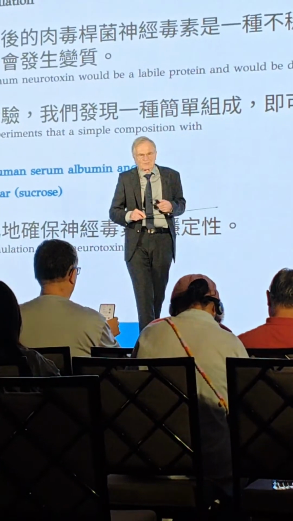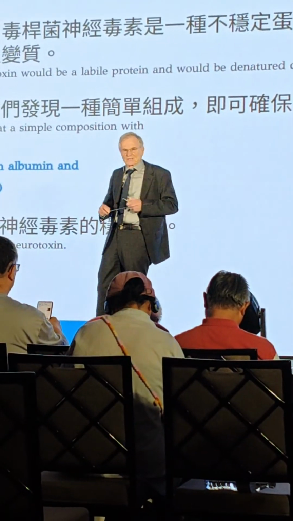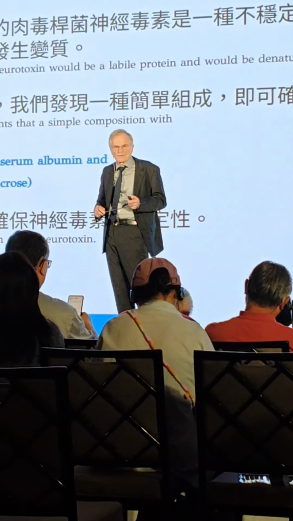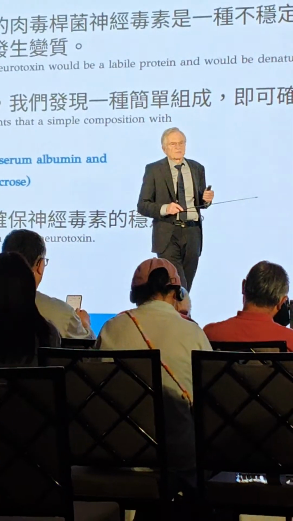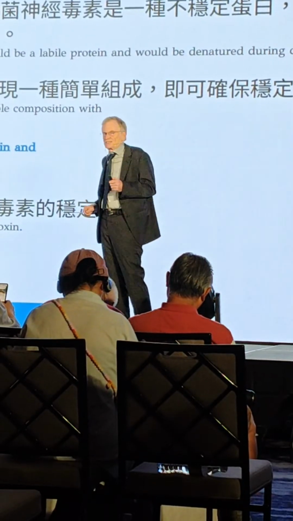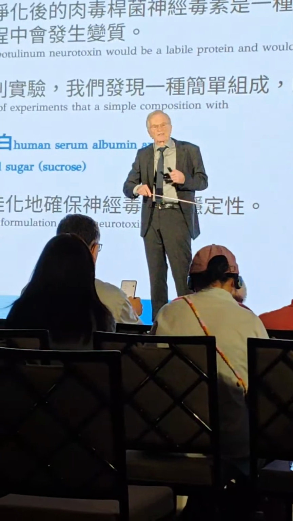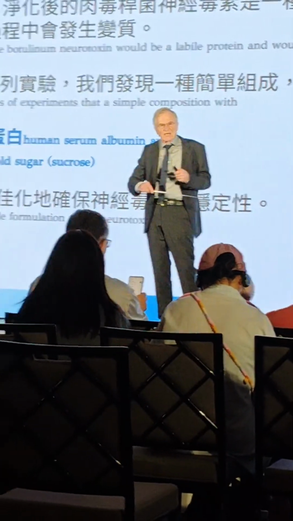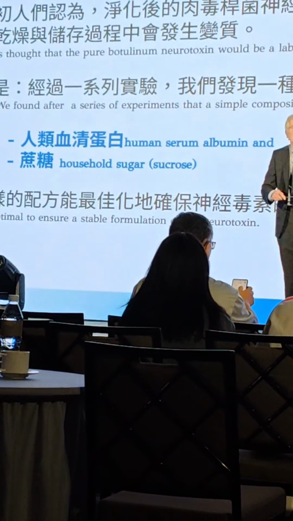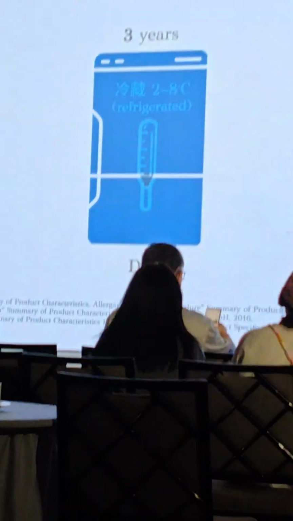So I invested a lot of weekends to find out that there is a very simple formulation for a stable neurotoxin, just human serum albumin, that is a protein from human blood, which is purified, and which is necessary for the stability of the neurotoxin, and simple household sugar. These two simple ingredients are enough to stabilize the neurotoxin. Other proteins are not necessary. And in the next slide you see what the result was.